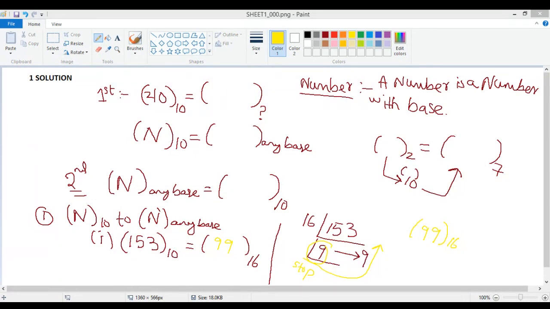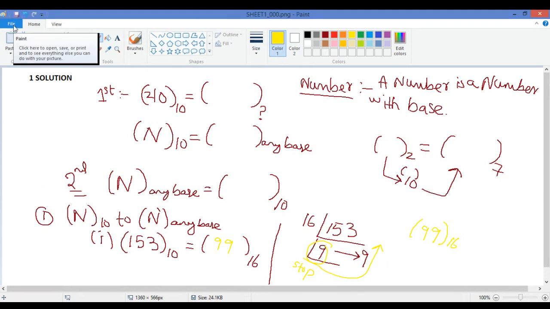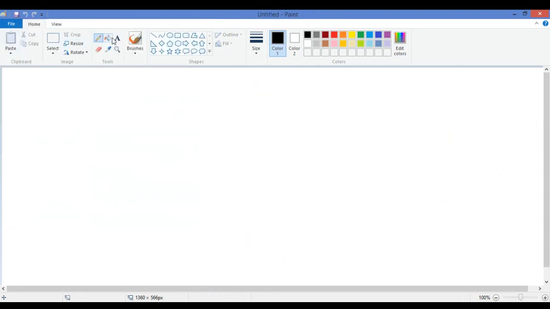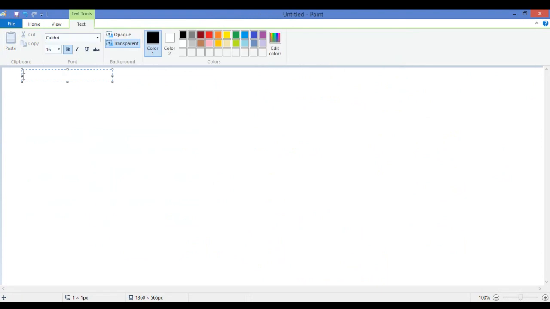Does anybody have this problem? Are all of you able to see my window clearly? Okay, so I will just save it and I will take a new slide, and this is first solution. Continue.